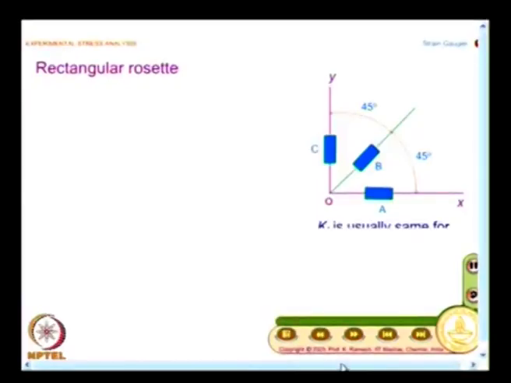And you also have methodologies to find out corrected strain values in a rectangular rosette or a delta rosette, but those expressions would be very complex, and nevertheless you can have a look at it and take values for one of the rosettes for your benefit.